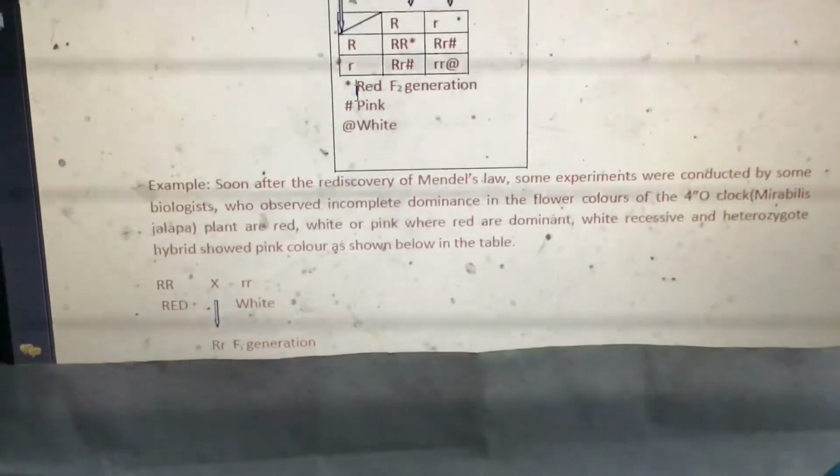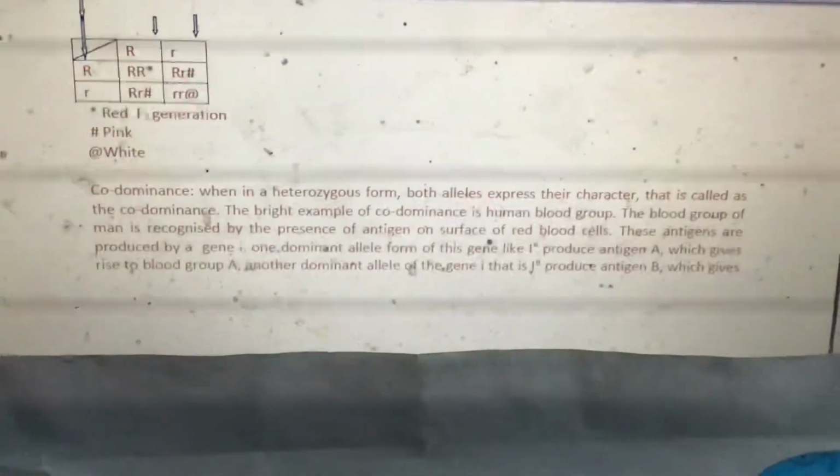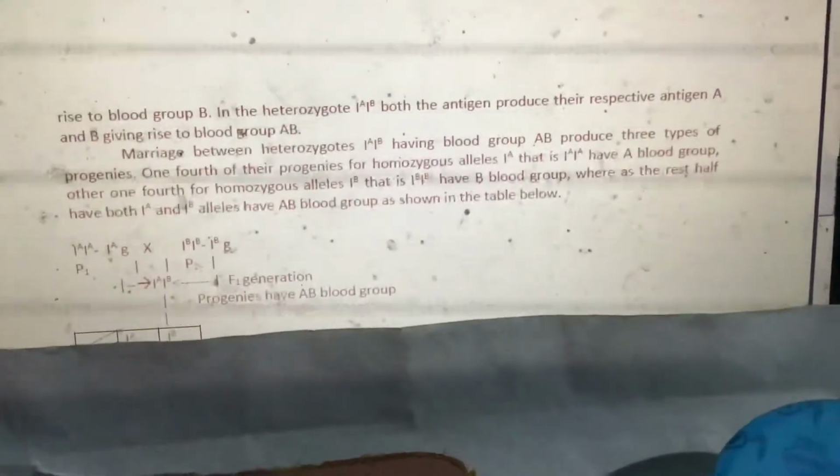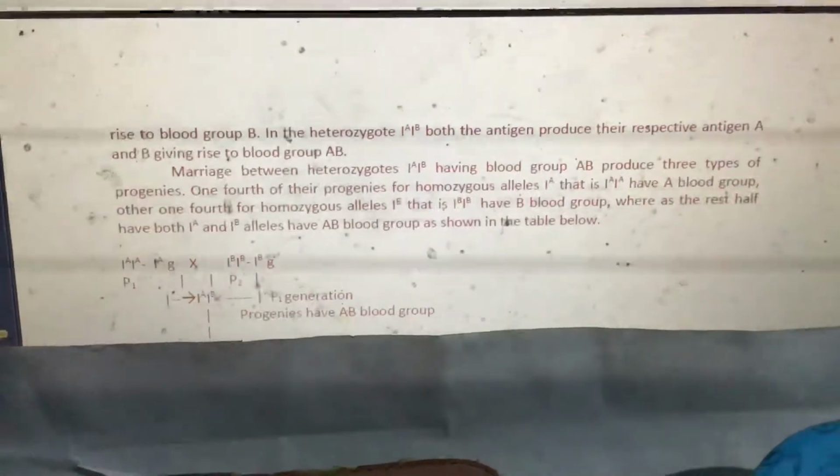1:2:1. Then next is co-dominance. Co-dominance means that both forms of genes are given importance. The best example of co-dominance is in human beings.